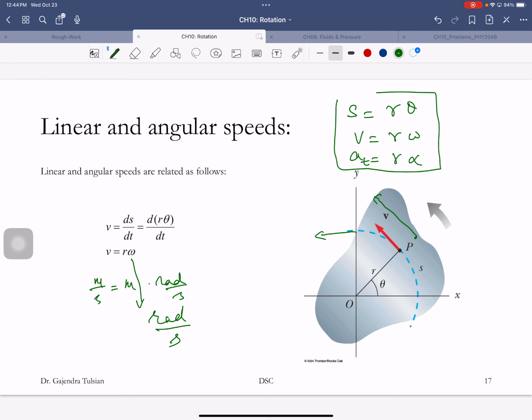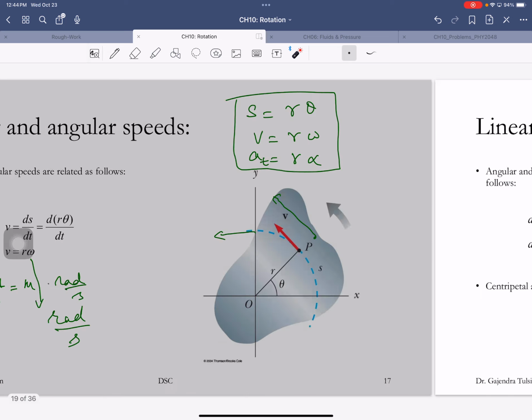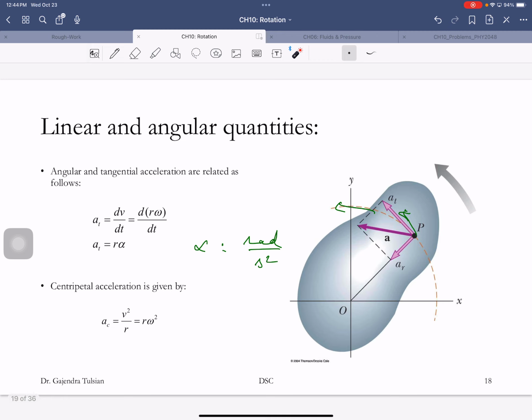So these are the three formulas that you'll see that relate linear quantities to angular quantities. And in all these formulas, the angles are in radians, radians per second, radians per second squared.